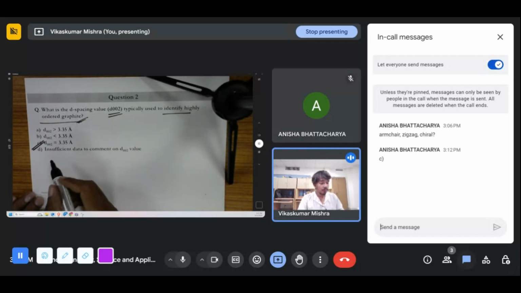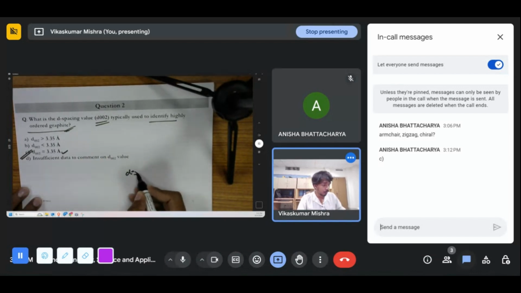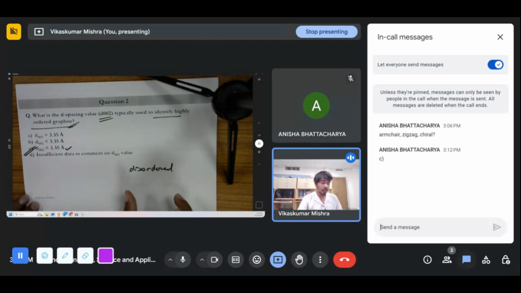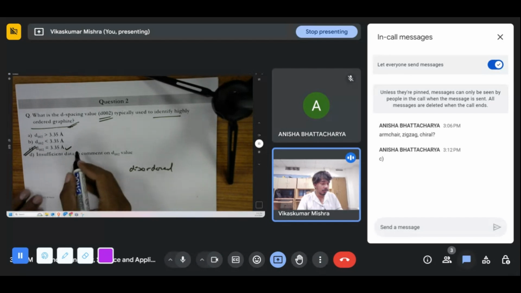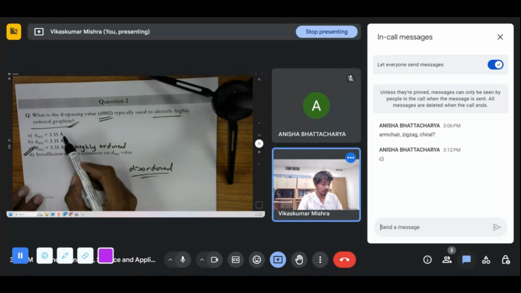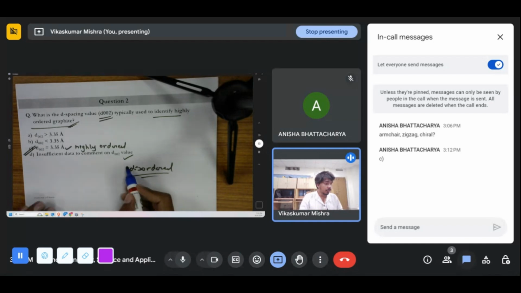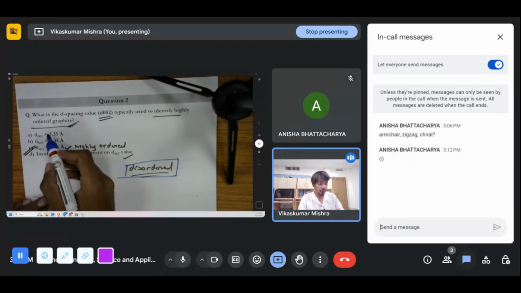Right. So with that, what about the highly disordered? If we talk about the highly disordered, then what will be the answer? So this is for the highly ordered. You are right. So for highly disordered, will it be higher or lower? The data is not sufficient enough for us to comment on this. So we have seen in the class that if it is a disordered type, the d-spacing will always be higher.